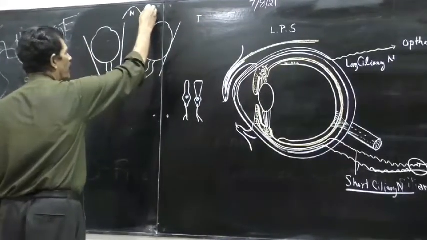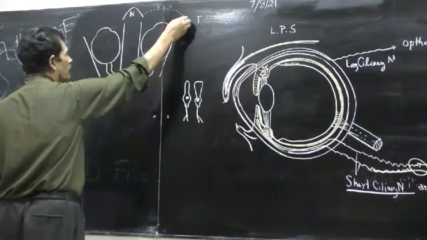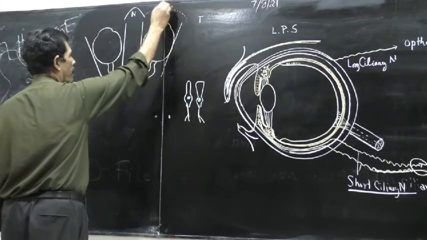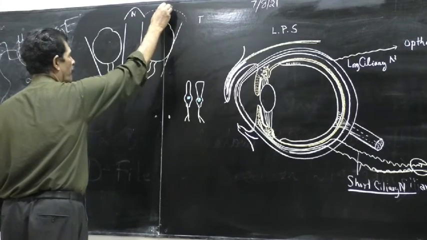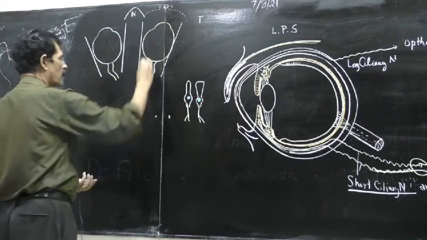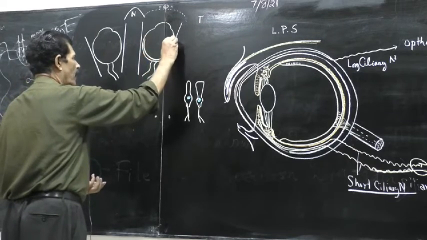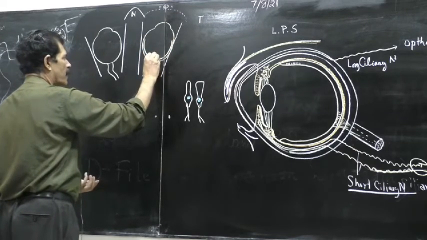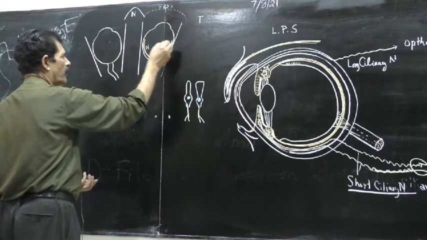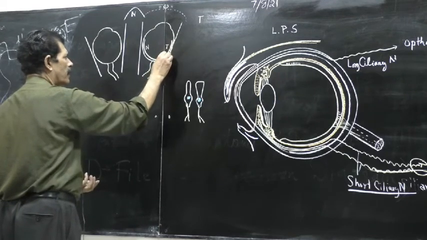So the field of vision an eye can see from an object falls on the retina of the eye. The retina is divided into two parts. The nasal half is medial and the temporal half of the retina is lateral.